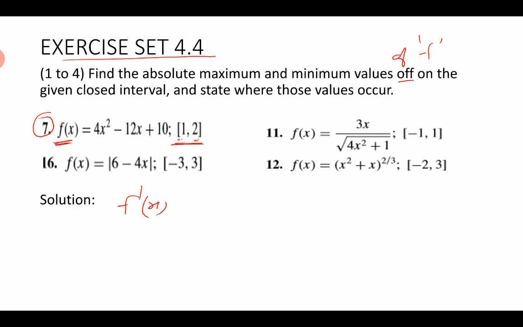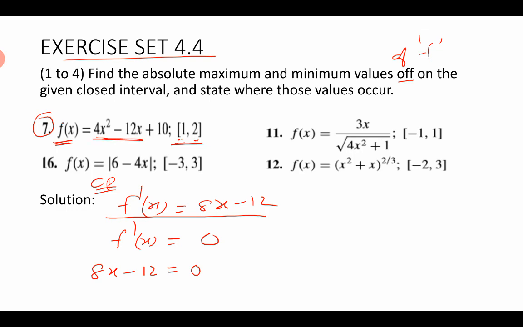So find the critical points. The first derivative is 8x minus 12. This cannot be infinity, so f prime of x can be 0. You remember, either the first derivative does not exist, or if it exists, it is 0. The first derivative exists here; it's a polynomial, differentiable in this interval.